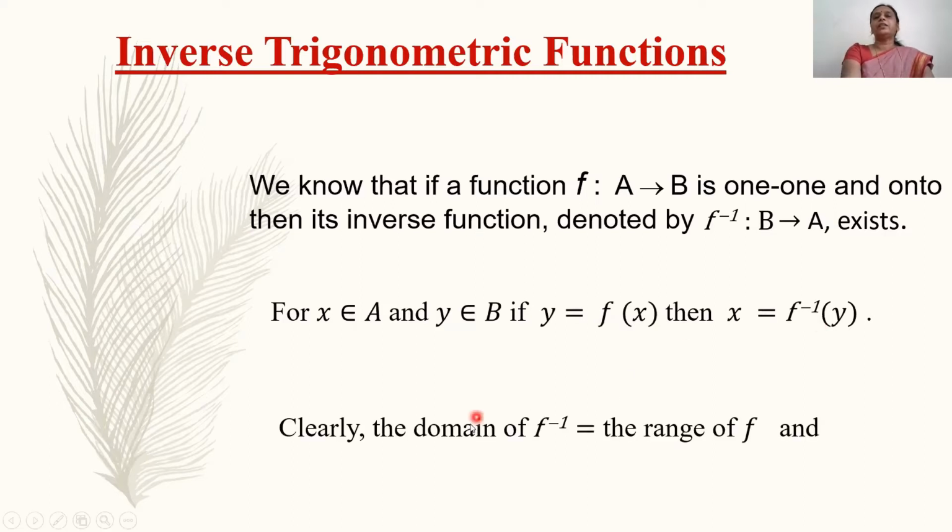Clearly, as I said earlier, the domain of f inverse is the range of f, and the range of f inverse is the domain of f. Remember that only if the function is one-one and onto does the inverse function exist. And for trigonometric functions, that function is not everywhere one-one and onto. On limited points, it is one-one and onto.